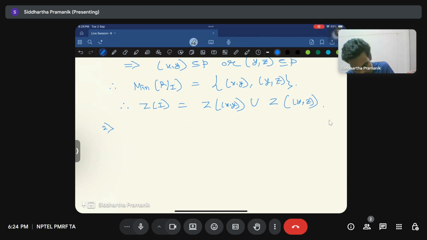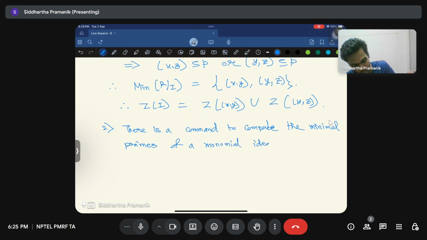So there is a command to compute the minimal primes of a monomial ideal in Macaulay 2.